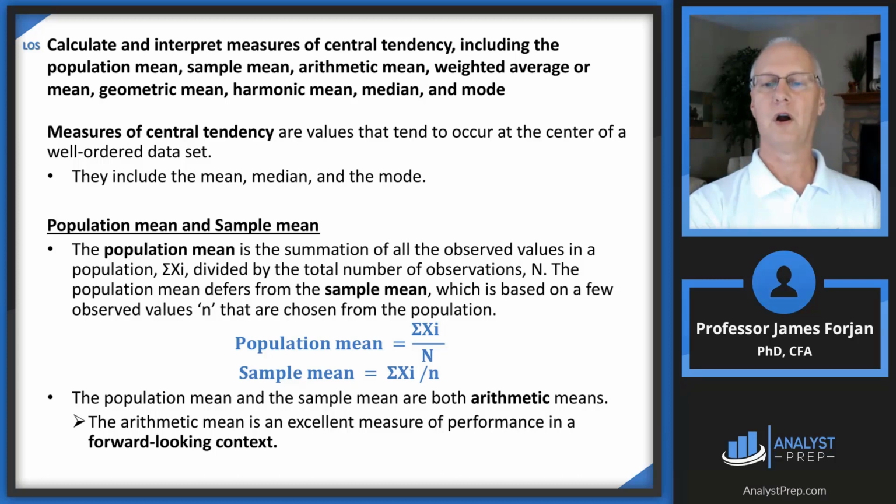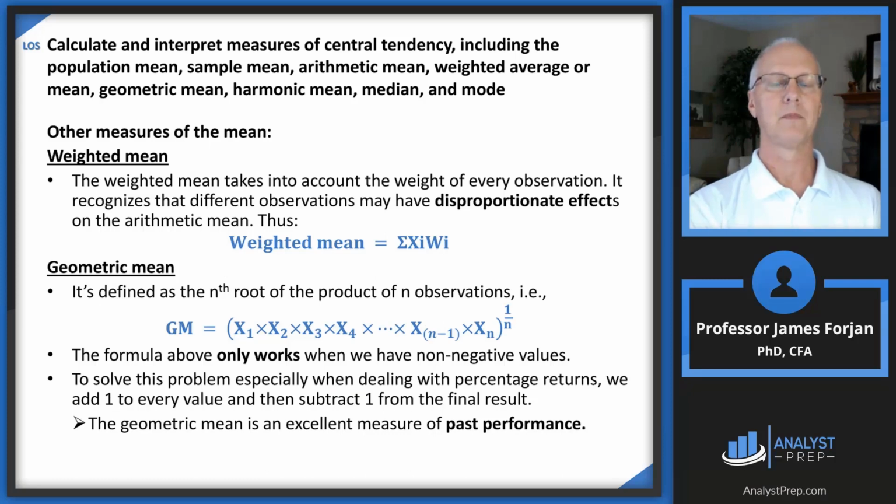Both of these are arithmetic means, which means that as financial analysts, we can use that arithmetic mean to try to predict future performance. And so the reading uses that term, forward-looking context. It's not always perfectly accurate, of course. But that's why we need to compute things like standard deviation to see really how accurate that mean estimate can be.